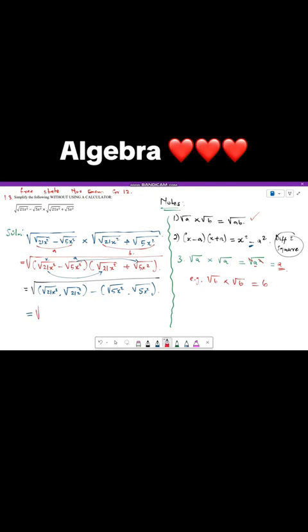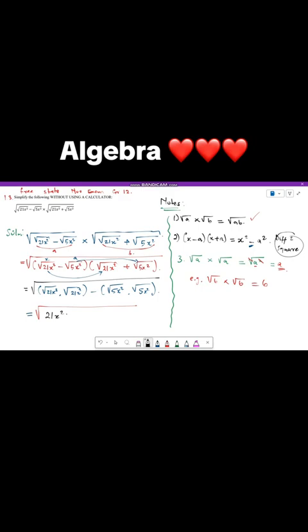So this will be nothing but the square root of, if we multiply the square root of 21x squared by the square root of 21x squared, we'll all agree that this will give us 21x squared, using that first property.